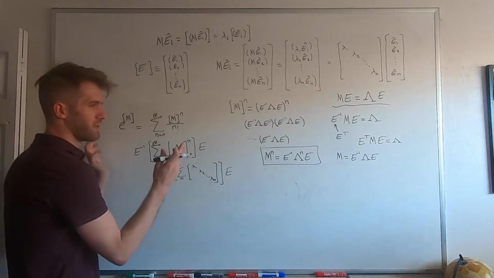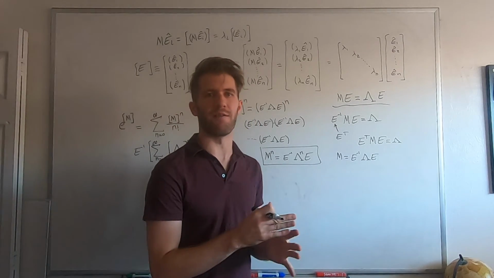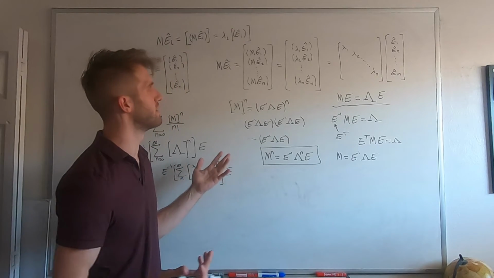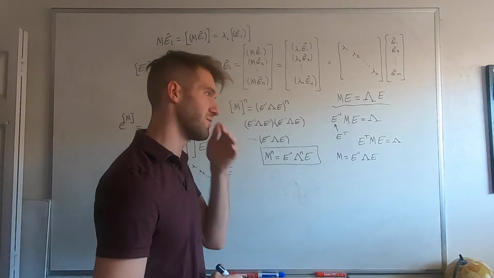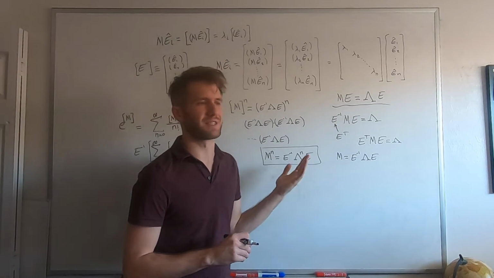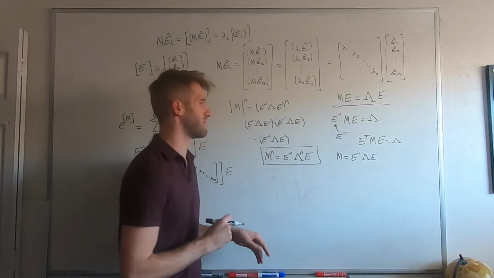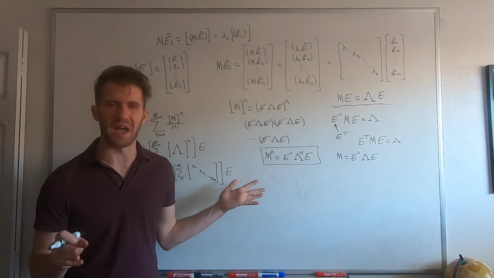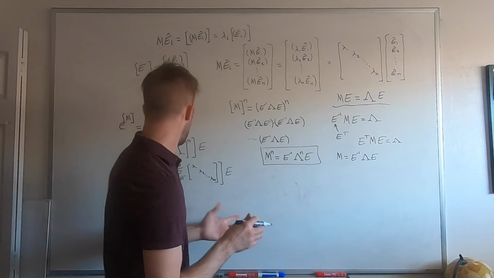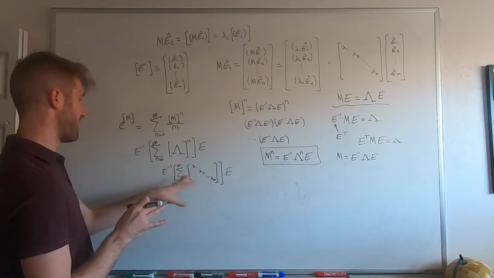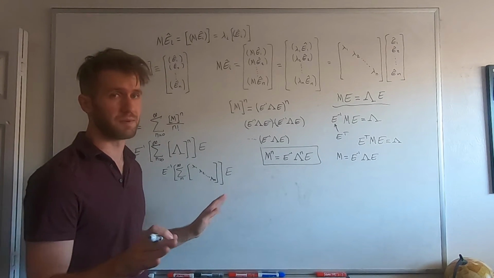If you're having to multiply the same matrix by itself n times, that's going to take a while, because matrix multiplication can be tedious, especially if you're dealing with complex numbers or things that are not well defined, or just very ugly numbers to work with. But this radically simplifies anything.